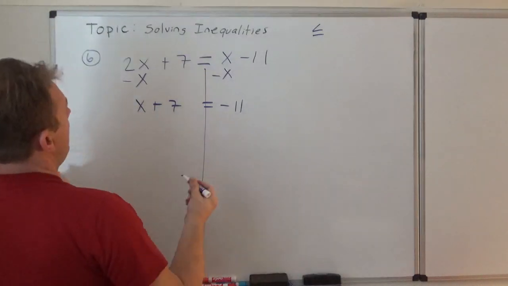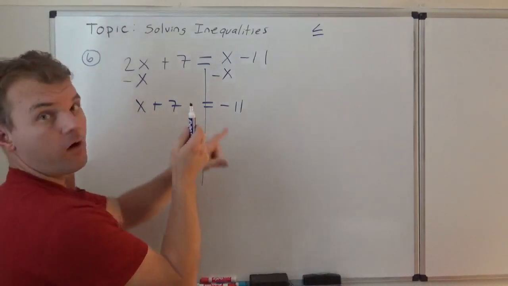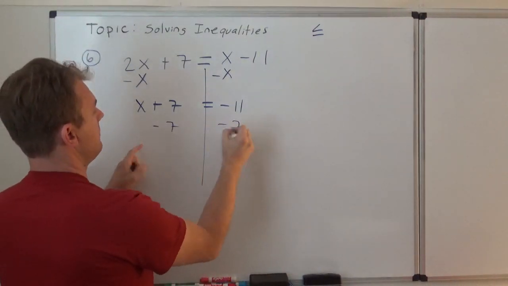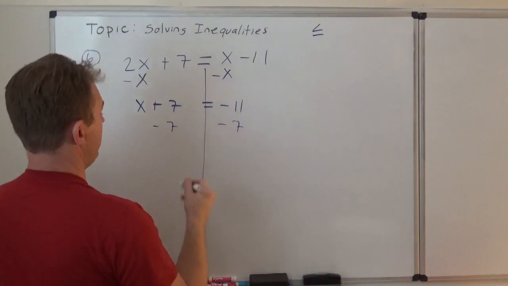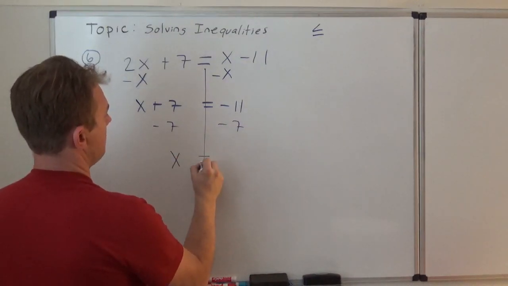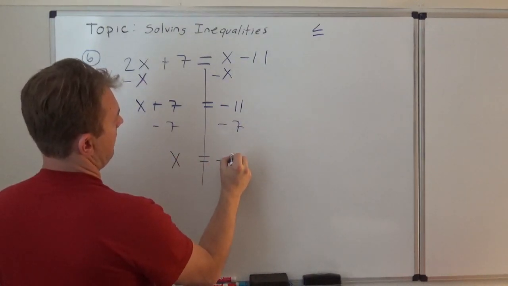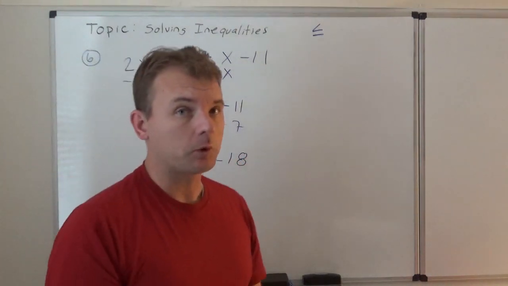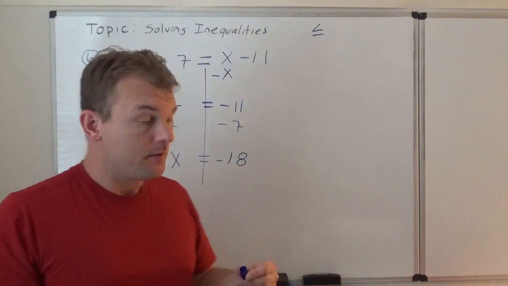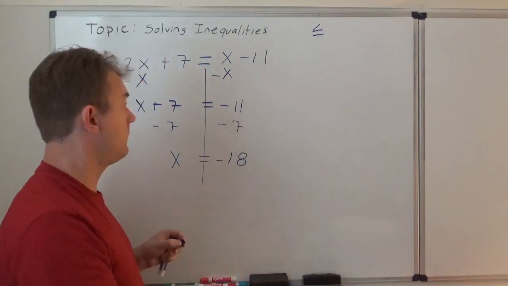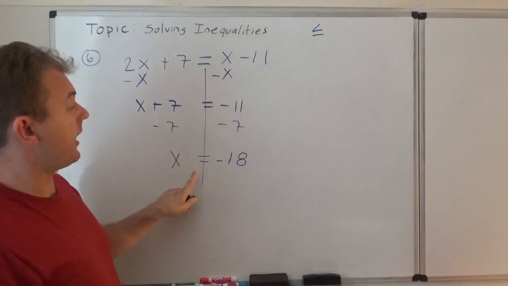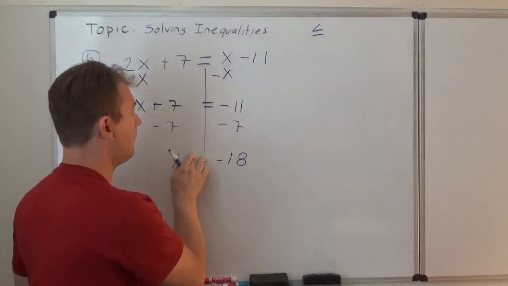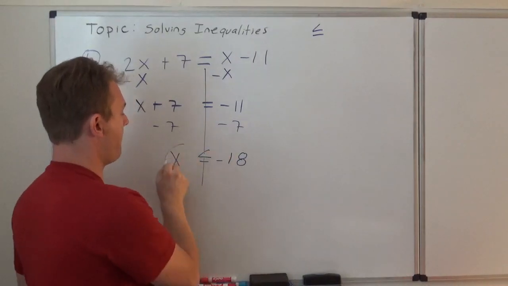Now I'm going to get x all by its lonesome, so I'm going to subtract 7, and then I get x equals -18. I didn't do any dividing or multiplying by a negative, but remember, I told you, if you change that into an equal sign, for your answer, put it back. So make sure you put it back.